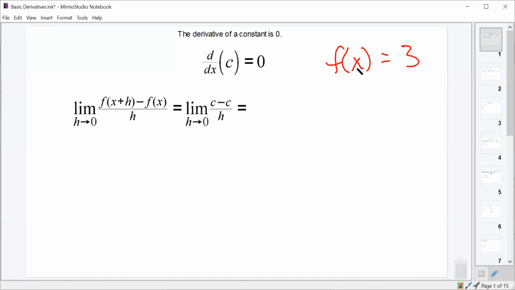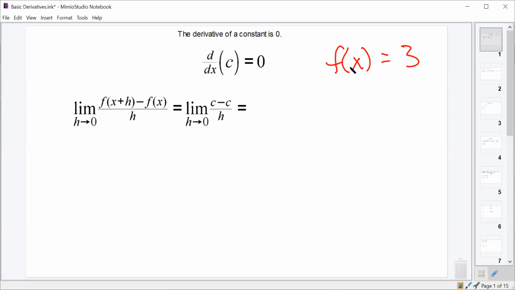If I replace all the x's in my function with x plus h's, what do I get? Are there any x's over here? No. So if I replace all the x's with x plus h's, does that do anything to my function? No, because there's no x's. So f of x plus h is just the constant. It's just 3.